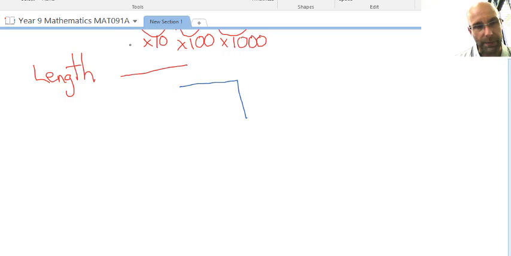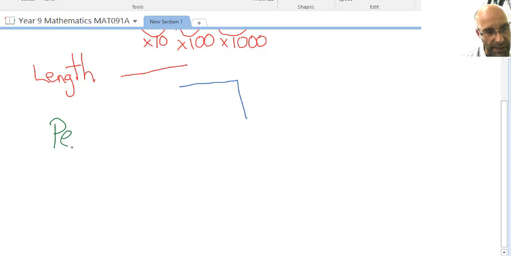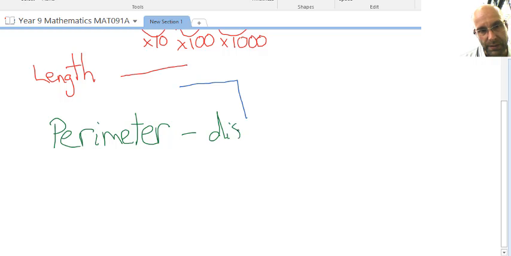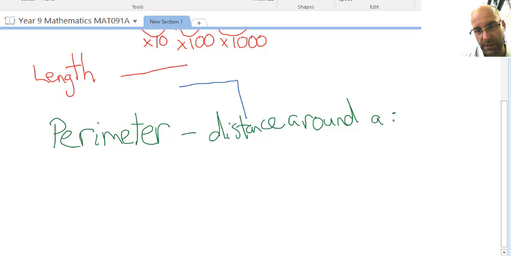So one of the applications of length is the idea of perimeter. Perimeter is just an application of length. Length only, not area. Area is more to do with the space inside a closed object. The perimeter is the distance around the boundary of a closed plane figure, or a closed flat shape.